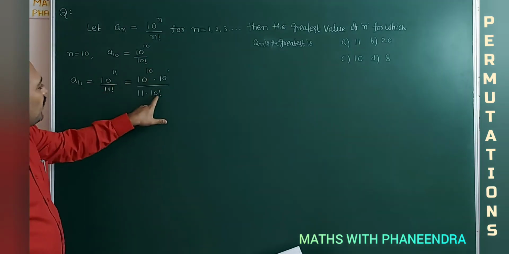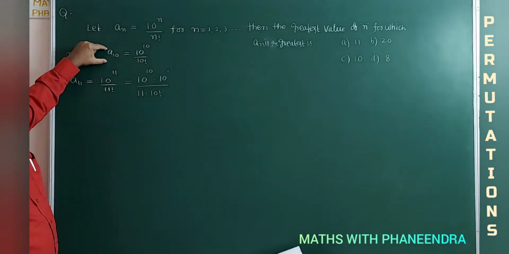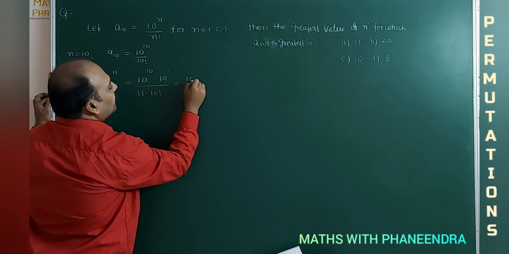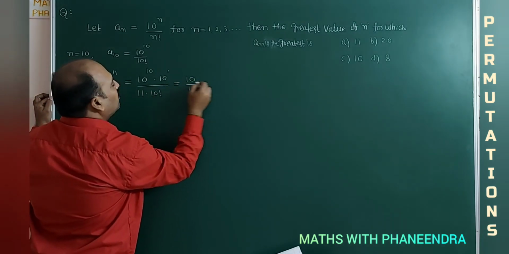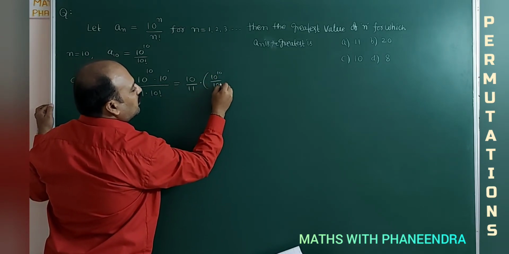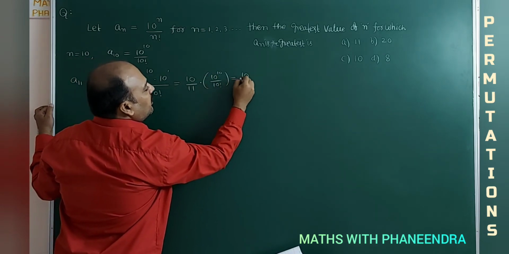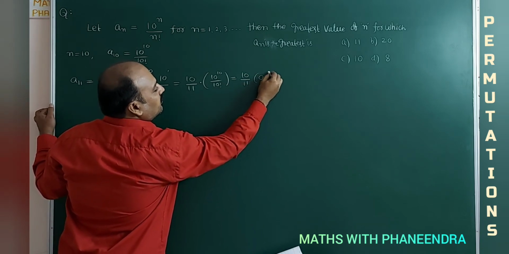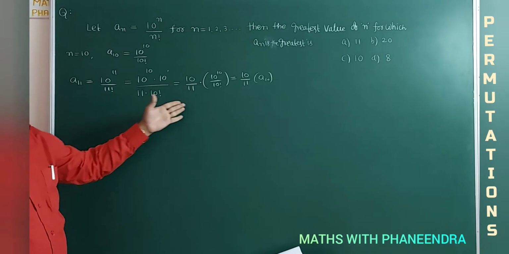So 10 power 10 by 10 factorial, is it a10 or not? So it is 10 by 11 into 10 power 10 by 10 factorial. That is equal to 10 by 11 into a10.